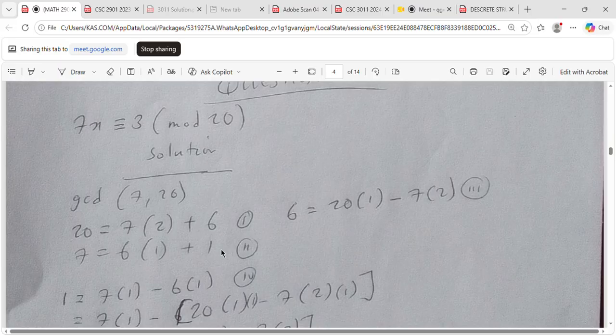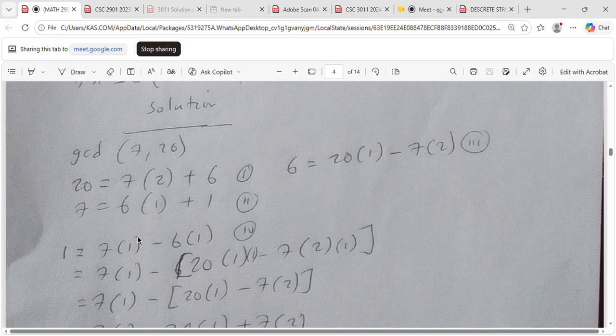Okay, you can go on and on if you want to prove it: 6 will come this side, 1 will come here, so 6 is equal to 1. So 1 times 6 in brackets will be 6 plus what is the remainder? 0. I hope you can imagine that.